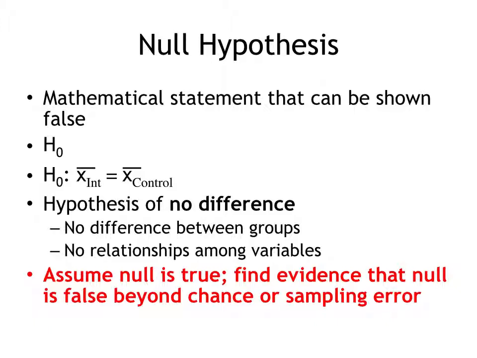We are then trying to find evidence that the null is false beyond chance or our sampling error. We're trying to show that the null is not true and how much the probability is that whatever we find could be just by chance.